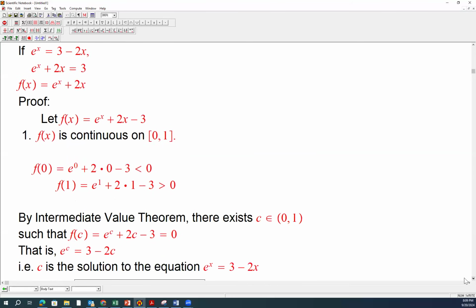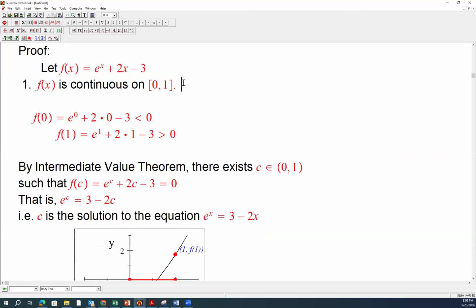This is what you can say: because f of x is the sum of an exponential function and a polynomial, the sum of these two functions is continuous, guaranteed by theorems, and it is continuous on the entire number line. If it is continuous on the entire number line, of course it is continuous on the closed interval.